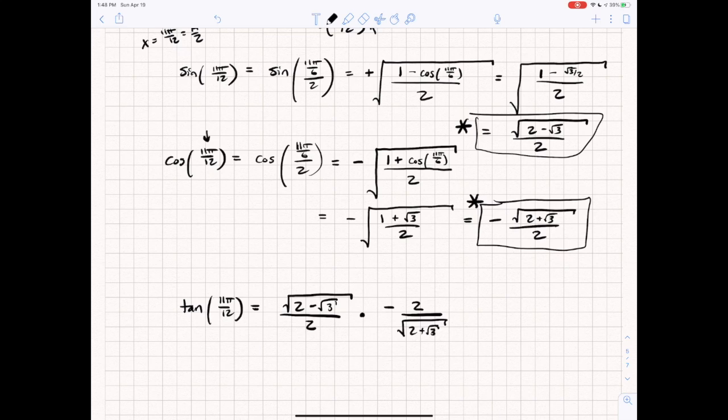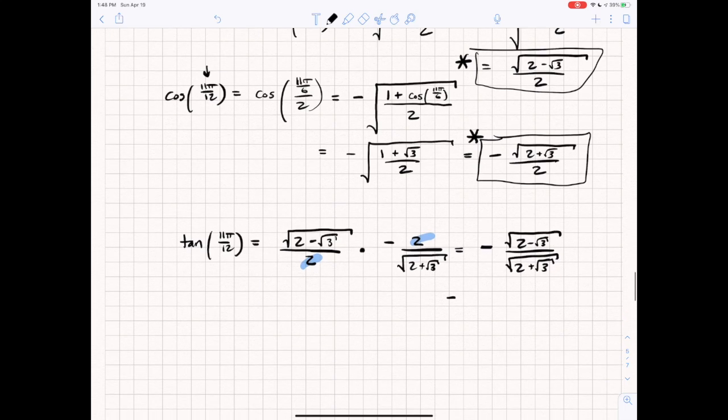Because I'm dividing by my cosine answer, and my cosine answer is a fraction, I'm changing and flipping that. And when I do that, notice these 2's are going to cancel. And so I would be left with a negative overall square root of 2 minus radical 3 over 2 radical 2 plus radical 3. And nothing can be canceled out.